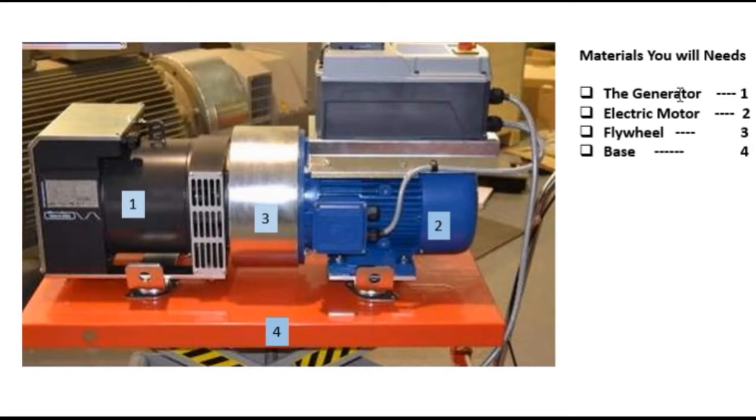What does the generator do? The generator is the producer, the one that produces the light which you need in your house. The capacity of your generator determines the capacity of the light you're going to have.